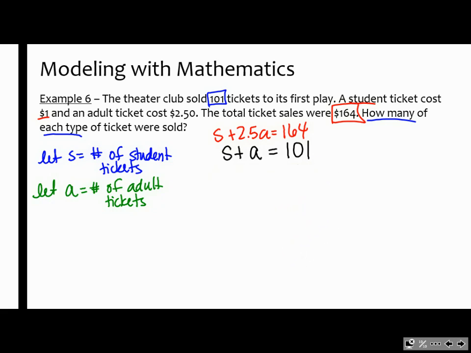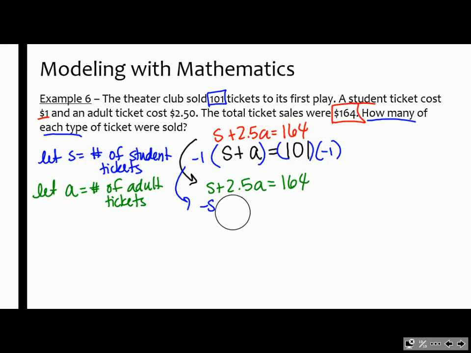And I am going to multiply this one through by -1. What that will do for me is give me a system that I can quickly subtract. So S plus 2.5A equals 164. And then the next one will be negative S, subtract A equals -101.